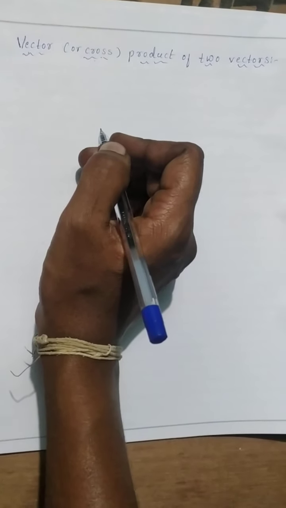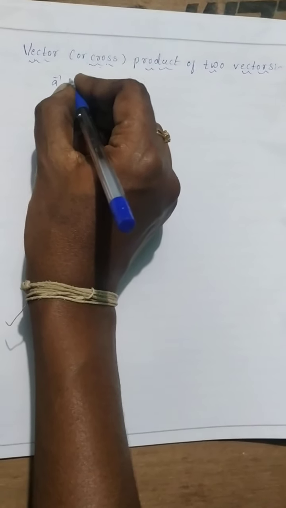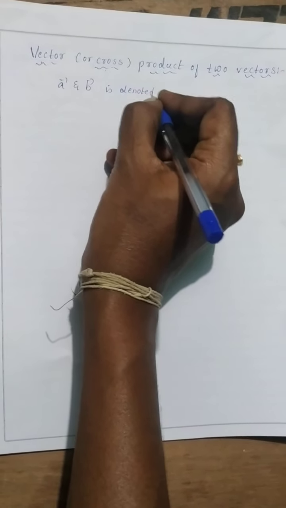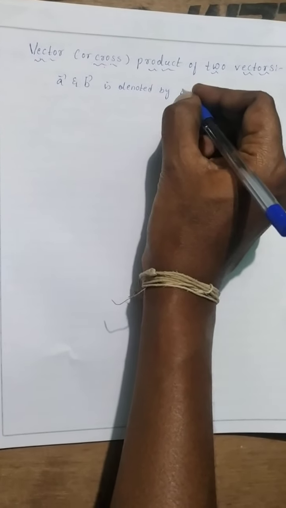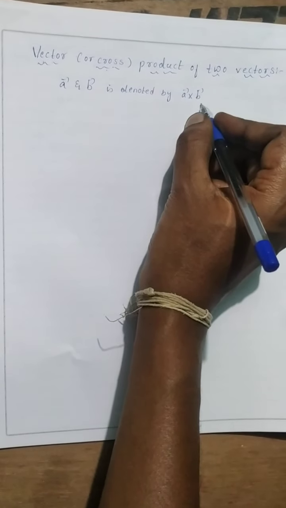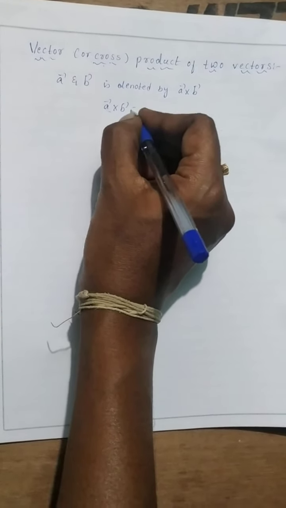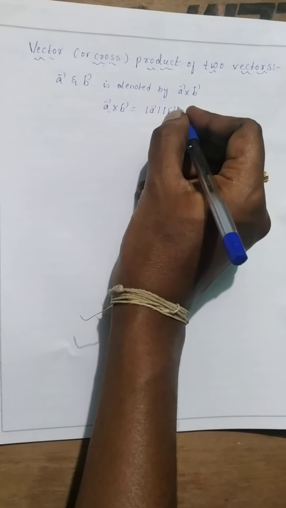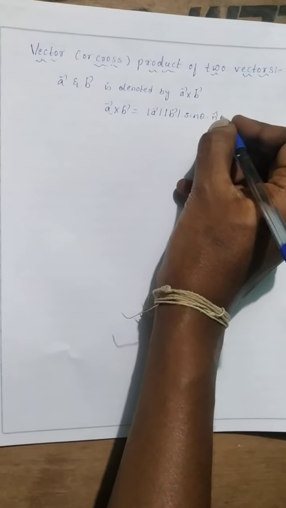Now if I take two non-zero vectors a and b, it is denoted by a cross b and is defined as vector a cross vector b equals magnitude of vector a into magnitude of vector b into sine theta into n cap.